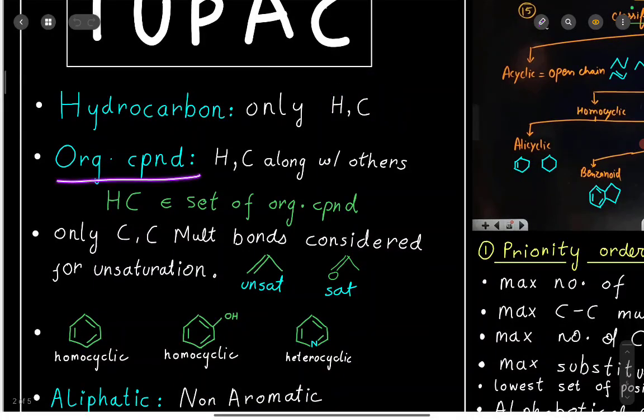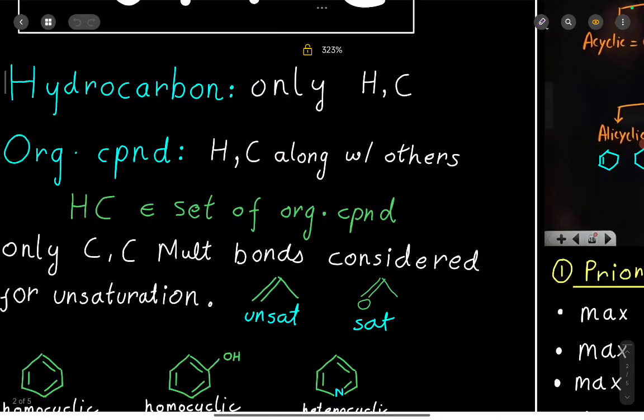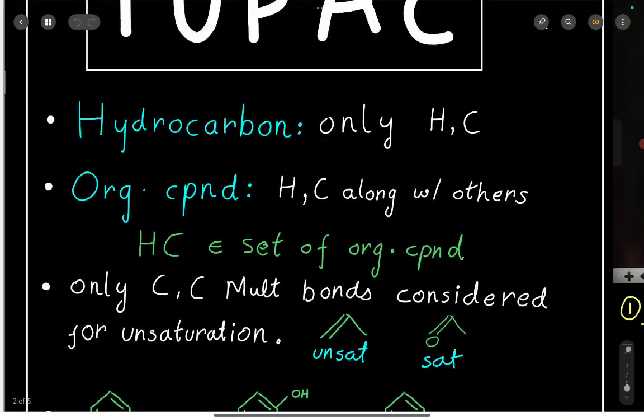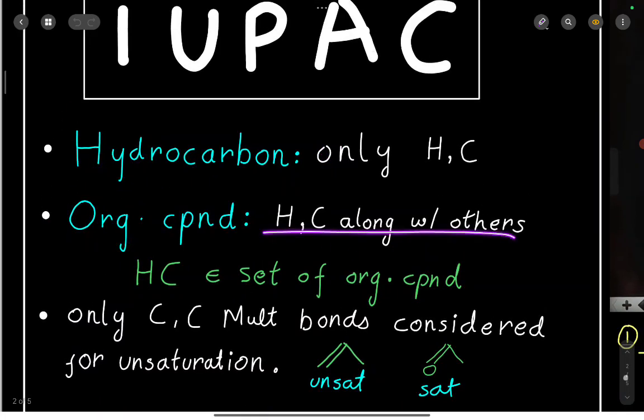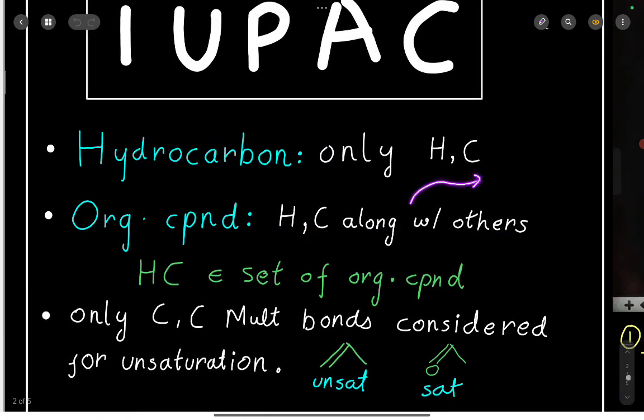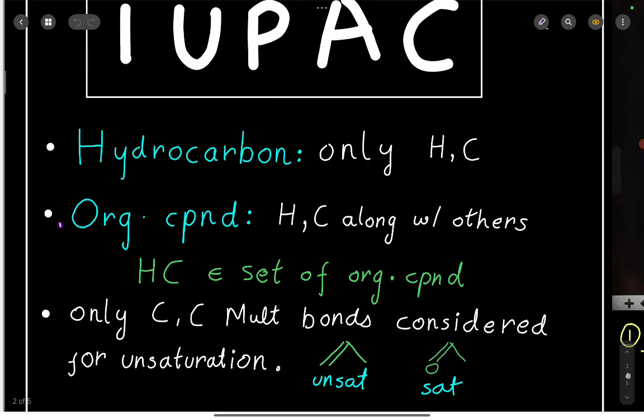And hydrocarbons are basically a subset of organic compounds, and organic compounds also contain compounds like C5H5N, which have carbon and hydrogen along with an extra atom from another group, which isn't carbon or hydrogen, and this is what we call an organic compound.